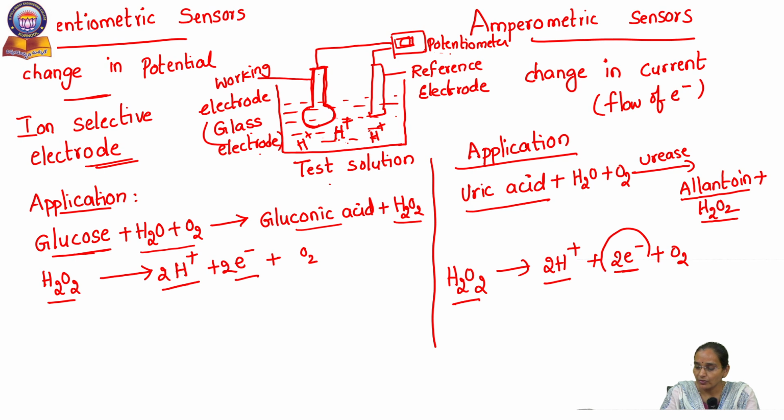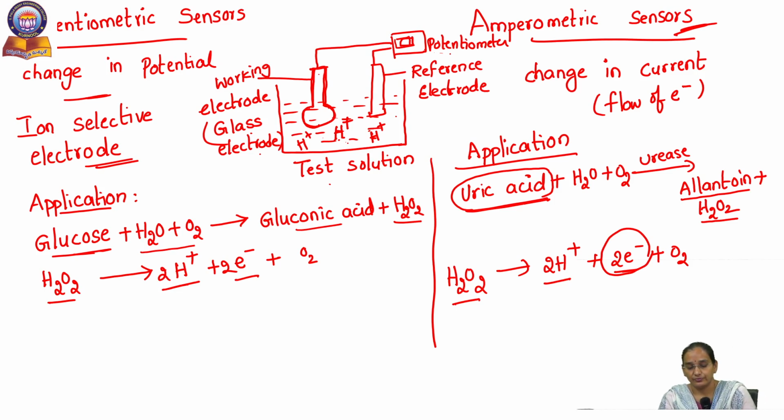This flow of electrons is measured in amperometric sensors. So with the flow of electrons, we are going to measure the concentration of uric acid, so that the concentration of uric acid tells the person's healthiness. If the concentration of uric acid is high, he might be suffering from some infection, like that.